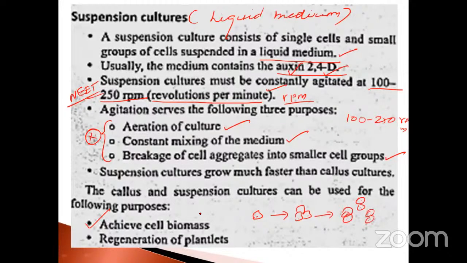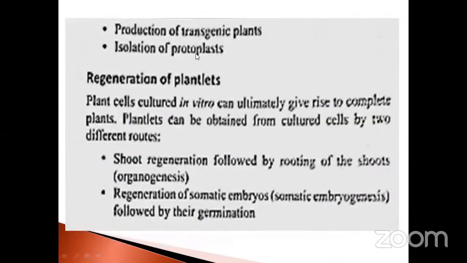Another point is the regeneration of plantlets: from the callus we can grow single plantlets. And also production of transgenic plants and isolation of protoplasts. These four points have been reported.